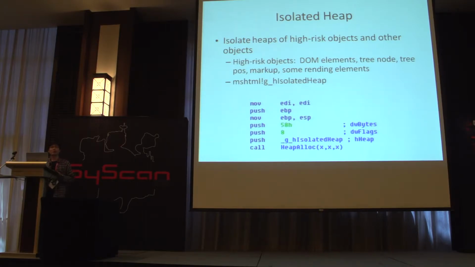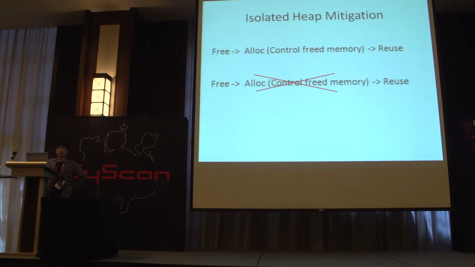For example, the DOM elements, tree nodes, tree processes, markup objects, and some of the rendering objects are all high-risk objects. And now these objects will be allocated in the isolated heap, which is here, the isolated heap in MSHTML. So the isolated heap tries to stop UAF exploits at this step, the control step.